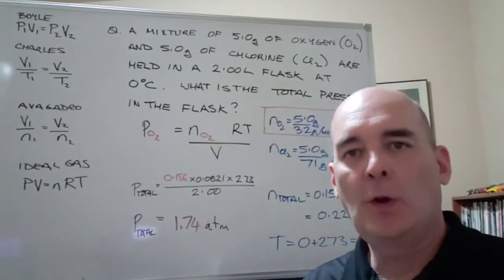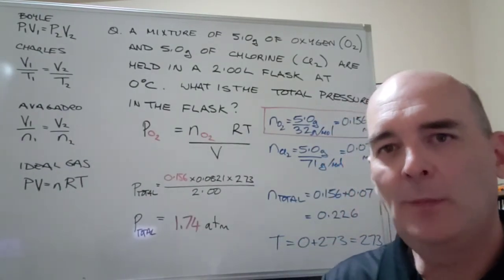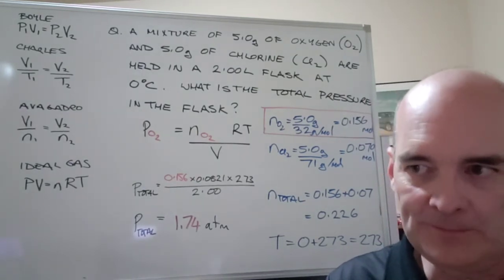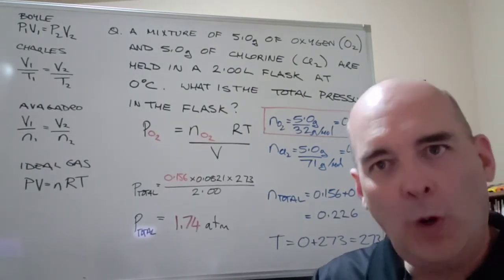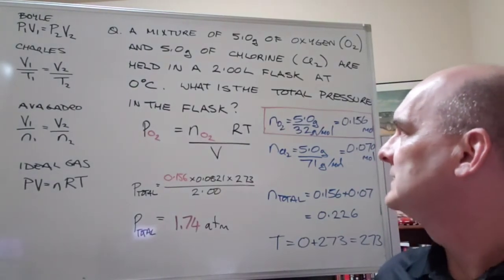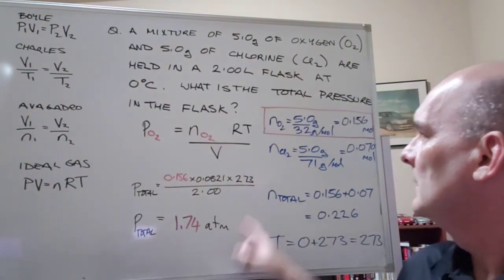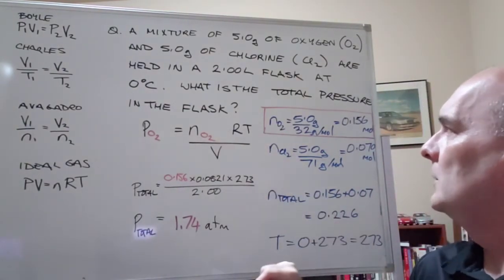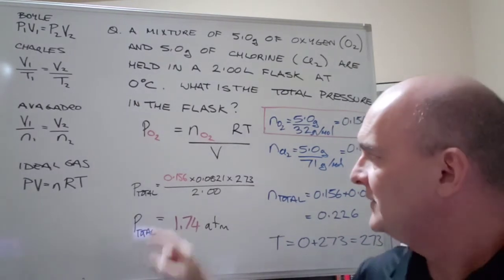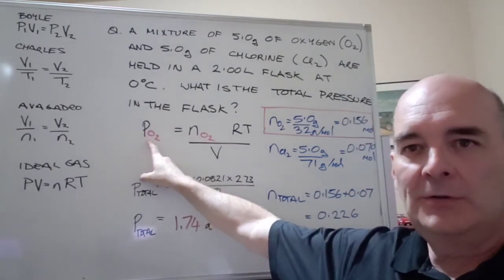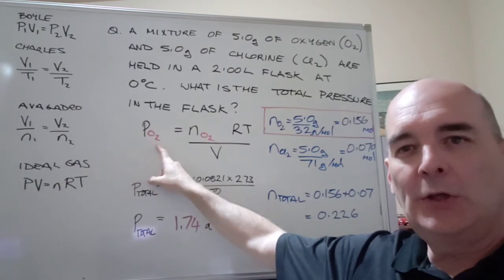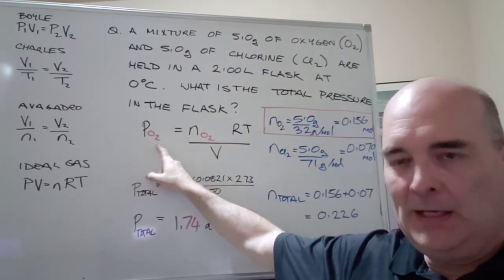The obvious follow-on question then is how much of that total pressure was due to one of the gas components. I had oxygen and chlorine. So what if I asked, what is the pressure due exclusively to oxygen in this gas mixture?